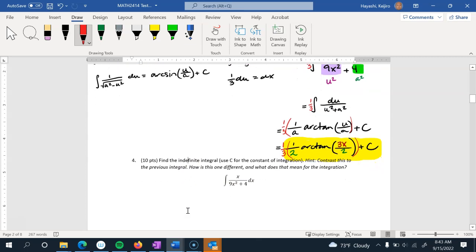Okay. This is a similar integral, but it's not similar enough. This one actually has an x on top.